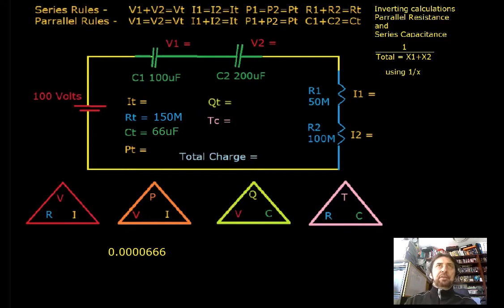So now if we have a look at the clues that we've got left on the screen here, we know what the total voltage is, we know what the total resistance is, we don't know what the total current is, but let's calculate that up next, all right? So again, we've got 100 volts divided by 150 megs.